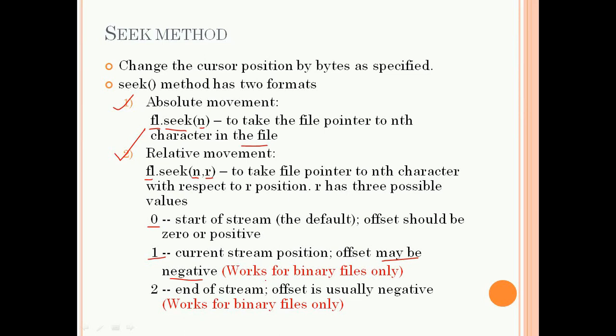And if we are using a positive value for n, then the file pointer will move forward. For example, if the value of n is 5 and the file pointer is pointing to the 20th position, then the file pointer will point to 20 plus 5, that is the 25th position.